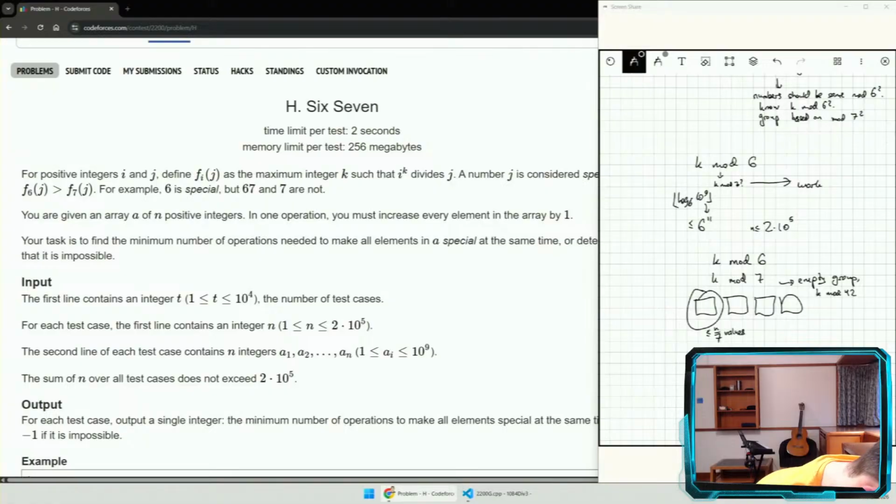That would just work. So any k like this works. So I had a mod 42 answer, so therefore the maximum I had to add was 42.